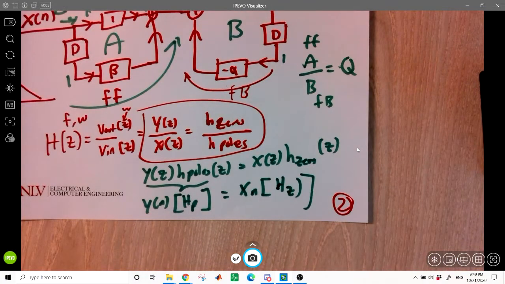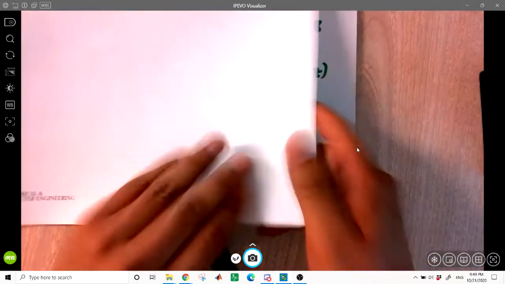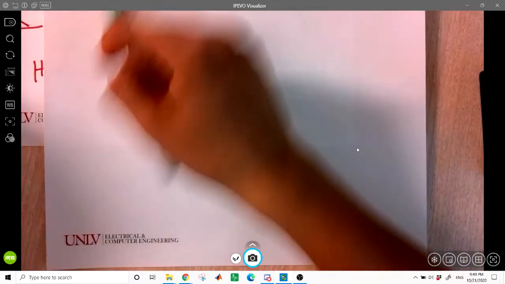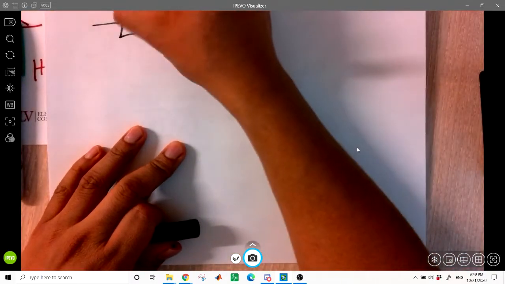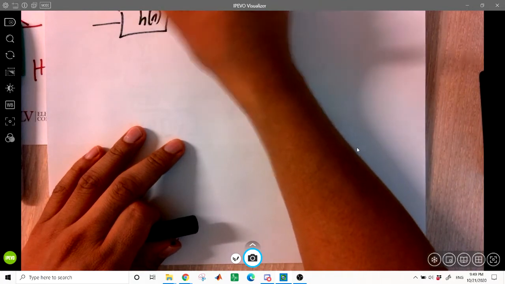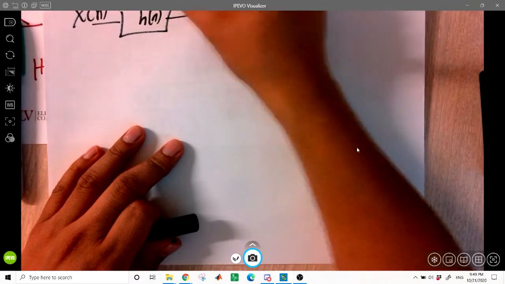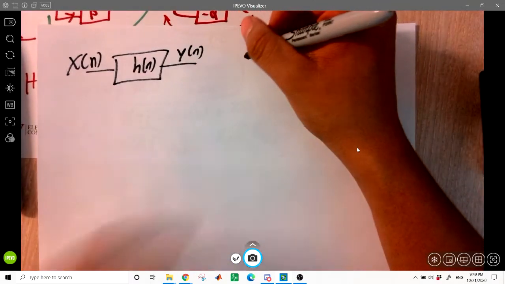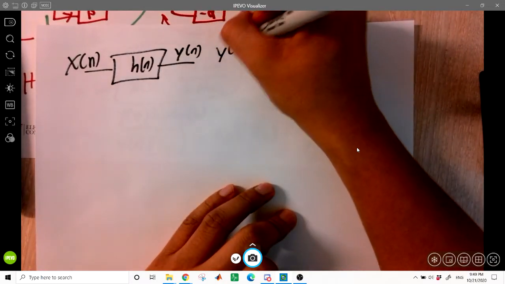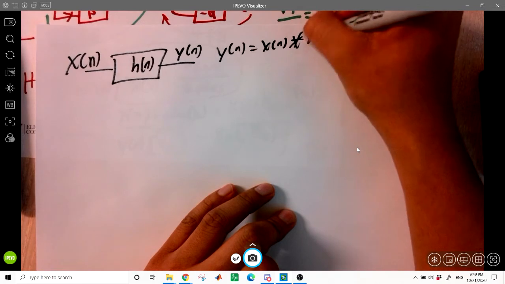And actually, I'll show you one more concept before we move on. Let's go back to our little friend, the impulse response, or the system response, H of n. So X of n, Y of n. Y of n is equal to X of n convolved with H of n.